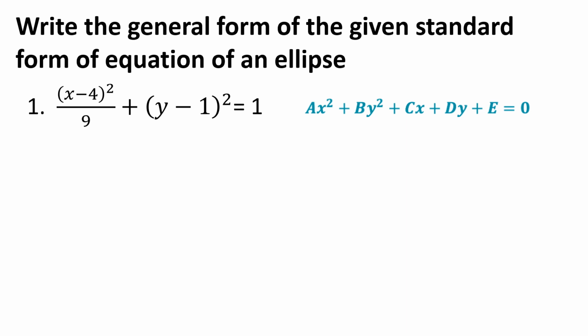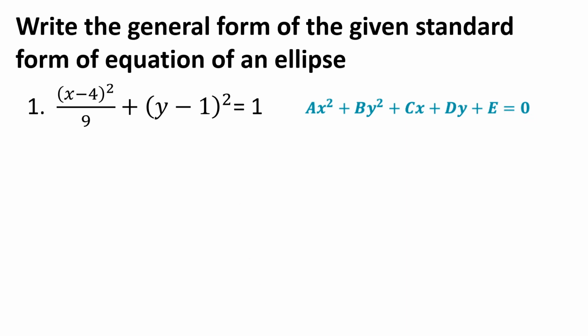Let us now have the given standard form of an ellipse and write its general form. Number 1: (x minus 4) squared over 9 plus (y minus 1) squared is equal to 1. We are going to isolate the 9 there as our denominator, because as you have noticed, our general form has no denominator at all.